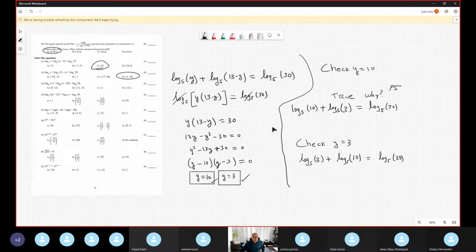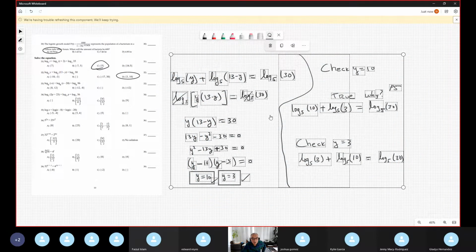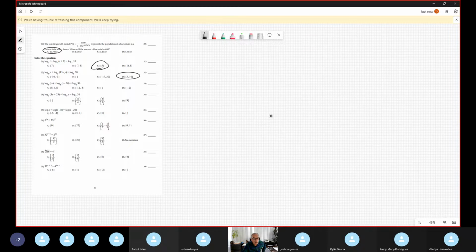Okay, now what is the next? The next is 33. Another logarithmic equation. This is weird. Logarithm of base 8 of negative x.